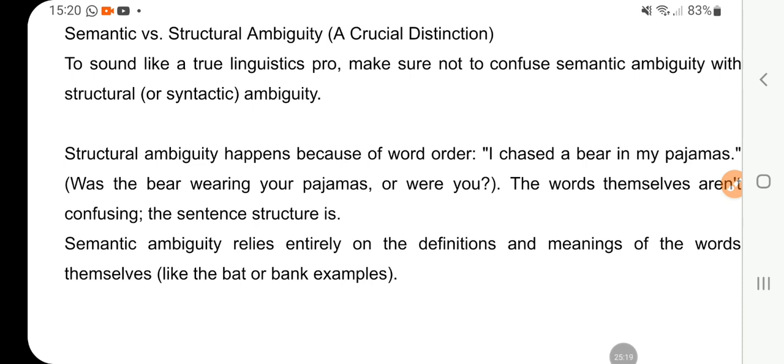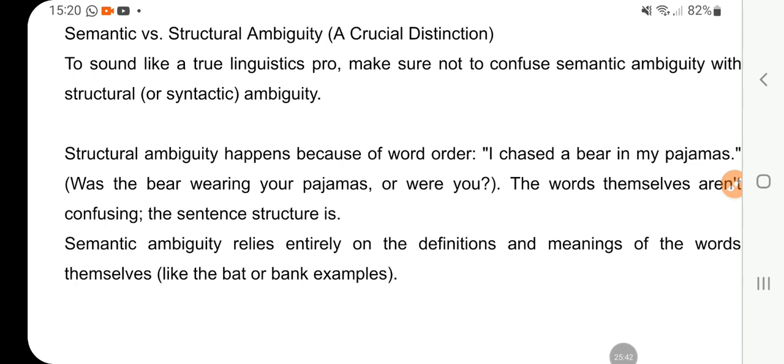Lexical ambiguity occurs because of words, and syntactic ambiguity because of word order, right? So word order must be very clear, very proper. So let me finish with this example, and please tell me what you got from this example.